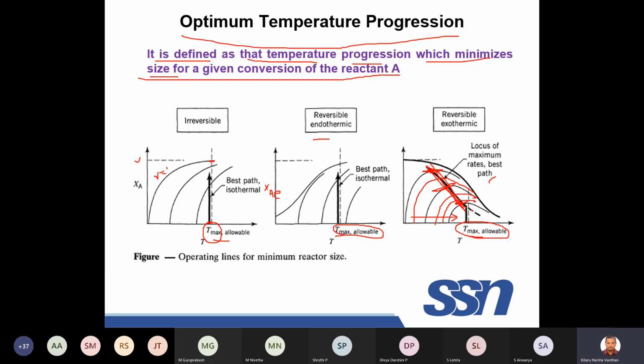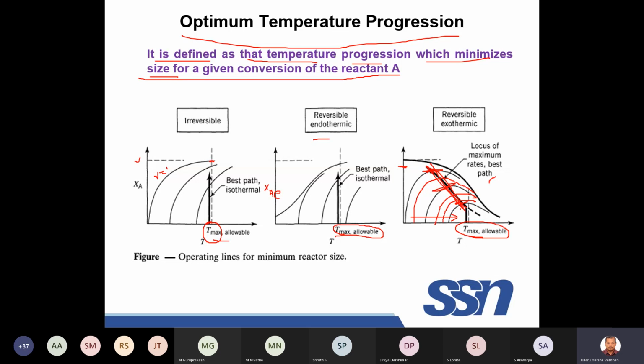So if I go on this particular path, then I will have the maximum rate. Therefore, I'll get maximum conversion. The point at which this temperature progression minimizes the size, because you want more conversion for a particular size. If you are at that particular temperature, you know that your rate is also high.